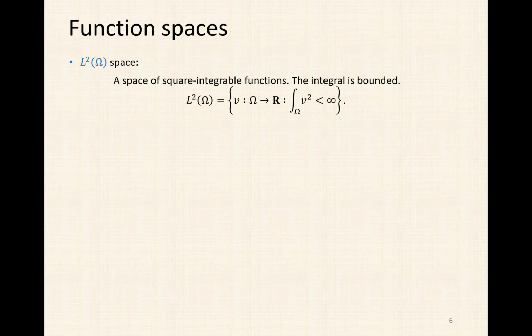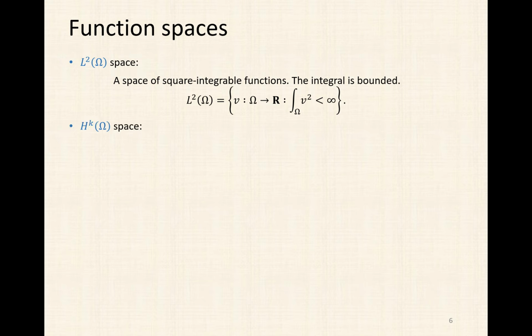Square integrable means the square of that v, the member, integrated over the whole domain omega, should be bounded. That means the integral should be less than infinity. It should be a finite value. This is the L2 space.